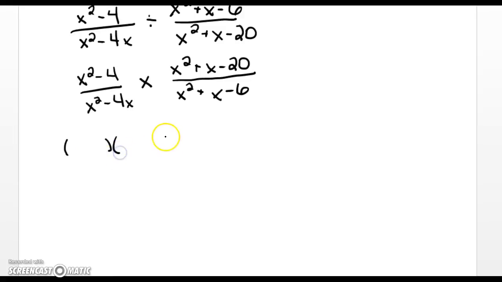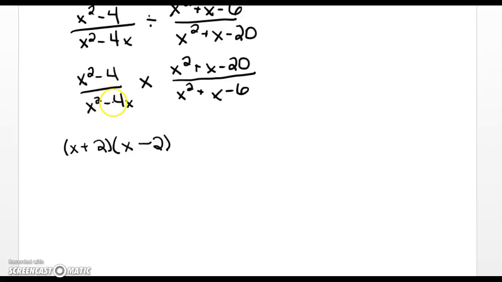So using that shortcut I showed you guys in chapter 5, you're going to take the square root of your first term, which is x, and that goes on the left side. Then you take the square root of the second term, which is 2, and you put that on the right side. Then one gets a plus sign, one gets a minus sign, and then you're done.